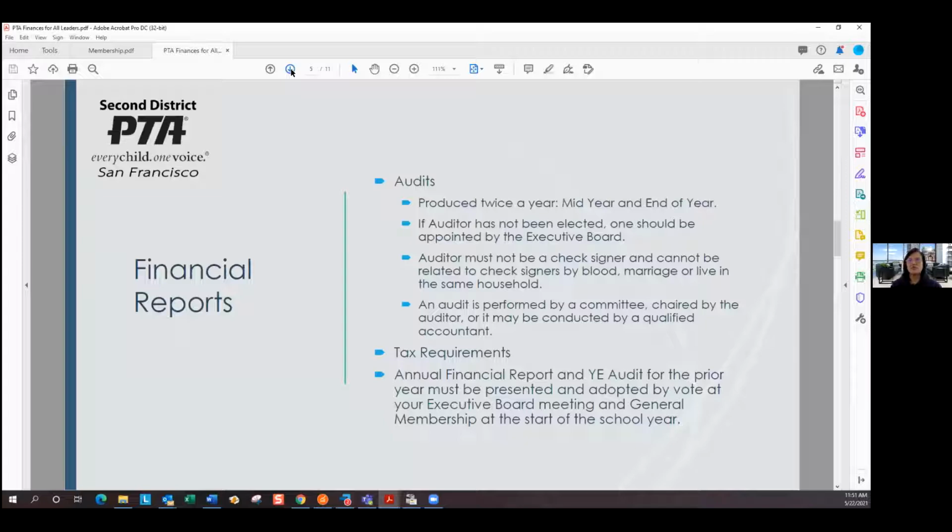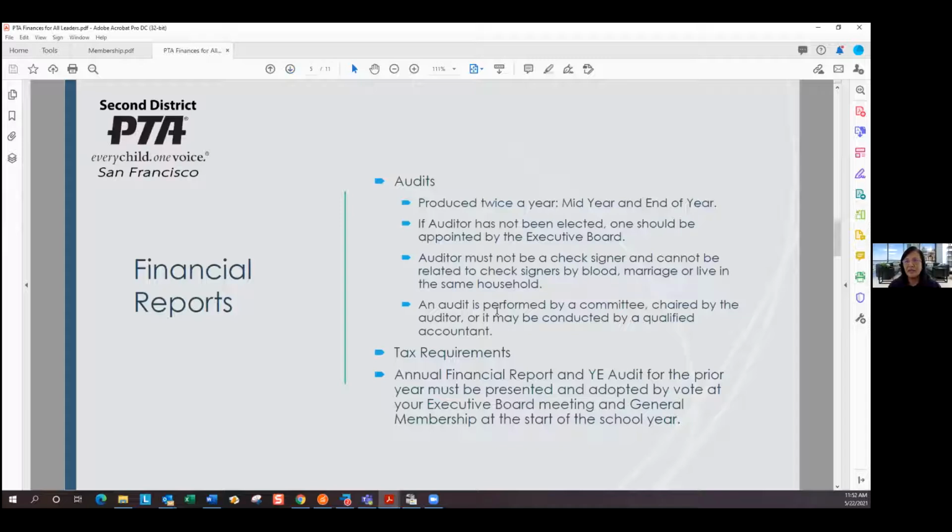The audit should be performed by a committee chaired by an auditor, unless the auditor is a qualified accountant. So it could simply be the auditor doing the audit and just having it reviewed by another person. Tax requirements, we'll cover that in a little bit.